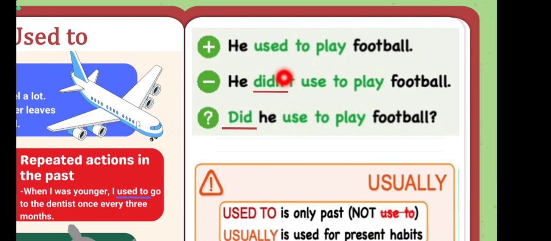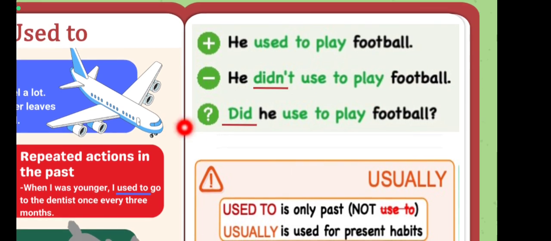In this case the negative form is didn't or did not. Now you already know that when we have an auxiliary we need to use the basic form of the verb. So it is not didn't used. That is not correct. It is didn't use, without the ed termination. After that we use to plus verb and the complement.